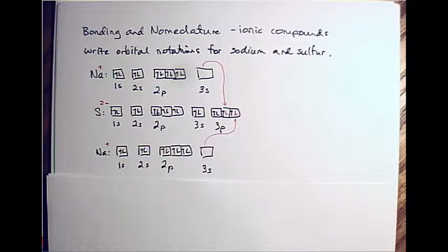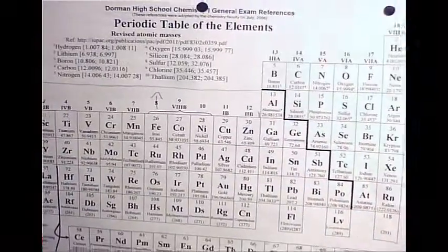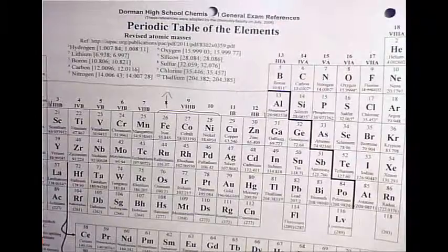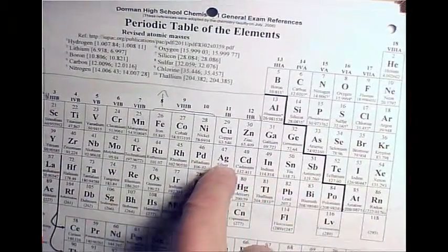Now, let's look at this same sort of idea, this concept of moving electrons around and what results. Now, you got to understand this. Whenever you're looking at a formula, you've got to look at where those elements come from on the periodic table. Metals are going to be over here, nonmetals are over here.